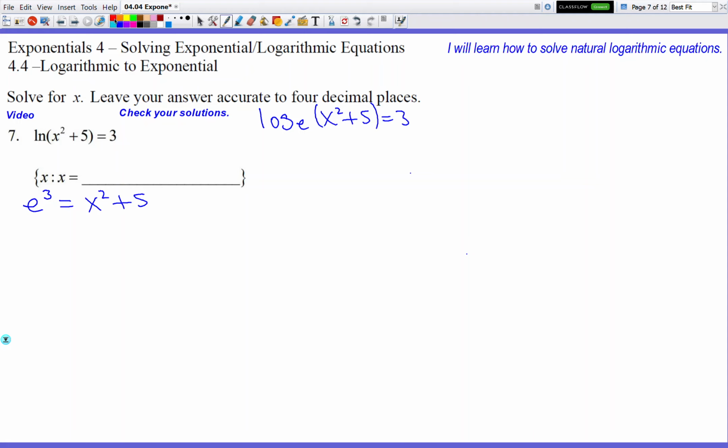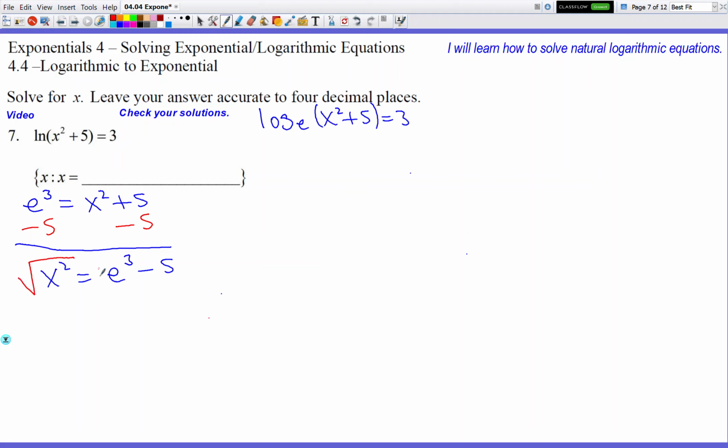So the first thing we're going to do is send 5 to the other side. And when that happens, we get x squared. So I'm going to actually put the x squared on the left side already. So x squared equals e to the third power minus 5. Okay? And then to get the squared to go away, we're going to square root both sides.